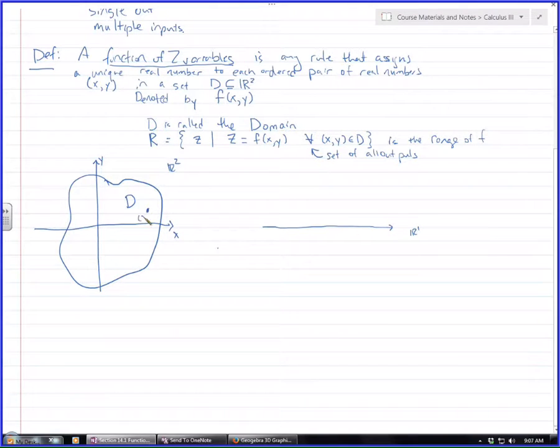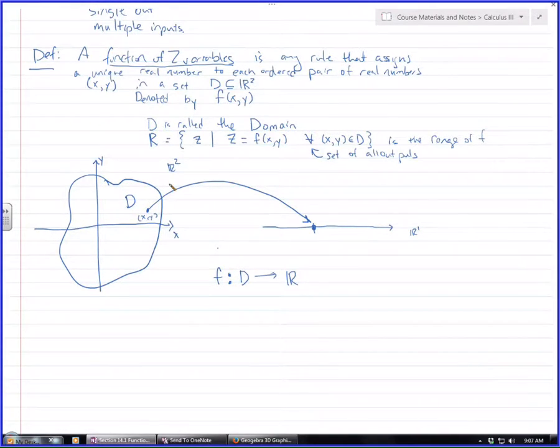So this point, which has coordinates x comma y, goes to some point here. So f maps D into the reals. R2 to R1? Yep, it's a mapping, right?